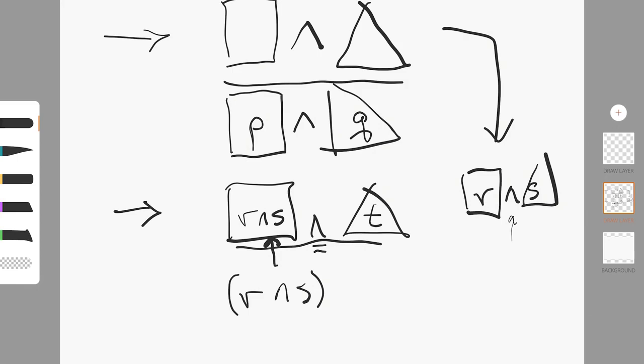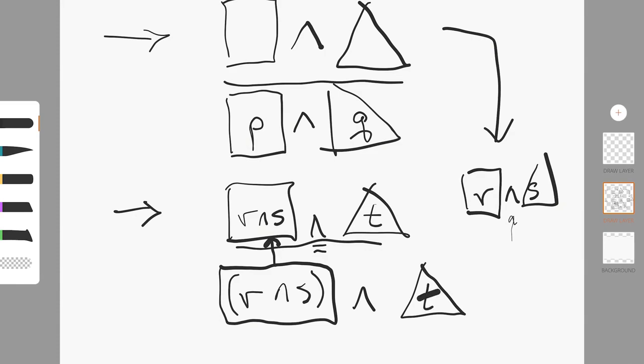So the parentheses indicate that this should be taken as filling up that whole square, and then we have our and operator, and then we have the expression T, which is atomic, so it doesn't need groupers to indicate that it is contained within the triangular slot.